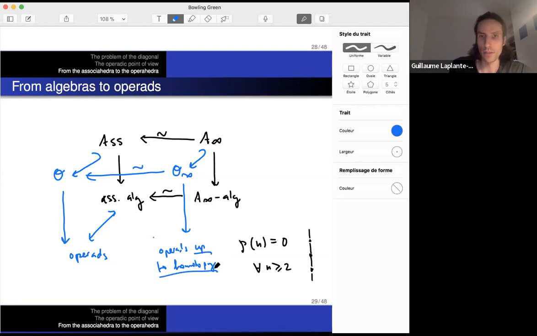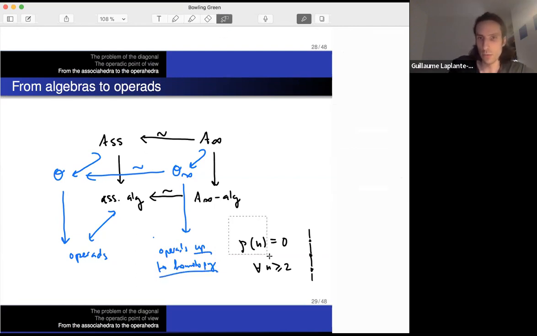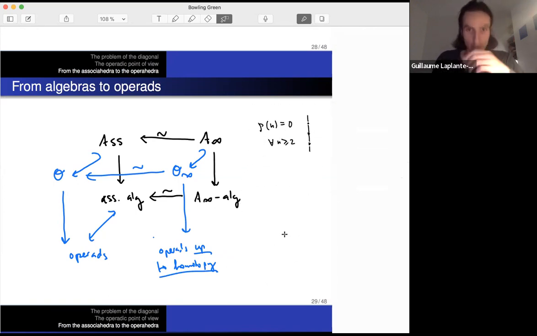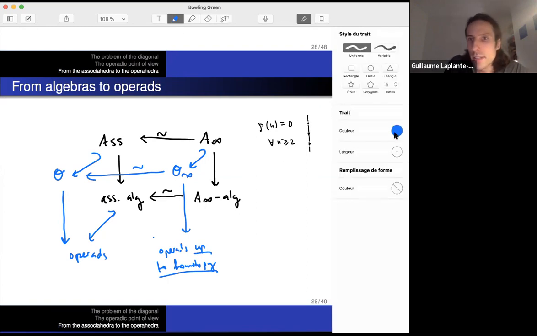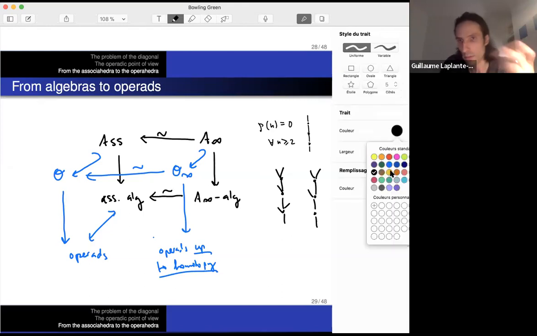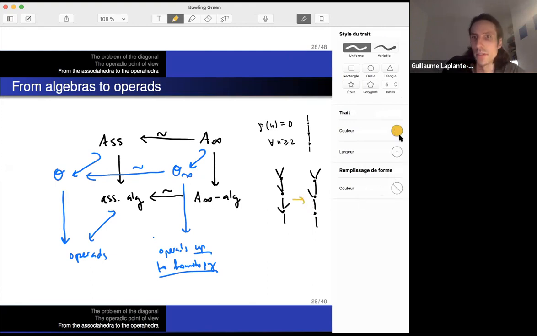What do I mean by that? An operad where the parallel and sequential axioms are relaxed up to homotopy. You remember the parallel and sequential axioms; you could see them as these drawings. You remember they had an equal sign. But exactly as in the case of associative algebras up to homotopy, I'm going to replace this equality sign by an equivalence, a specific homotopy between these two.